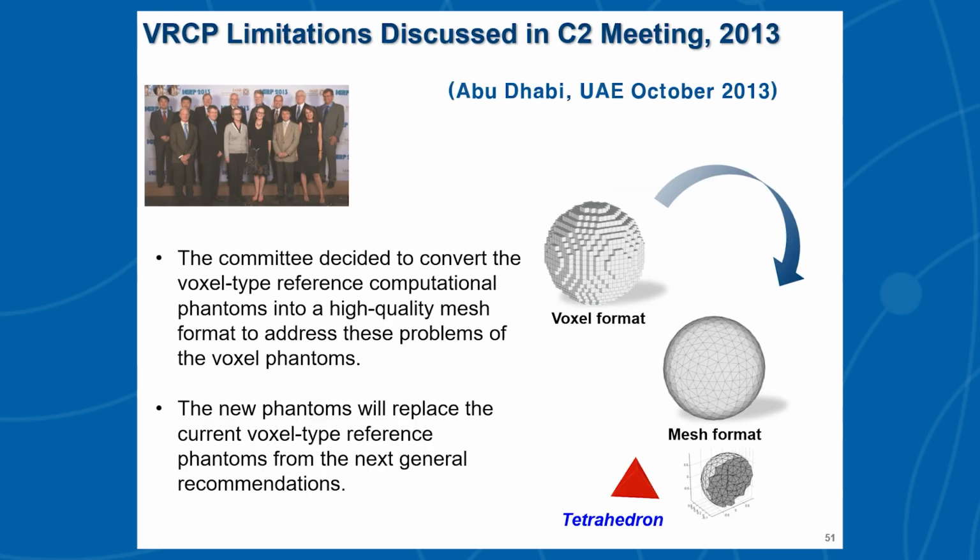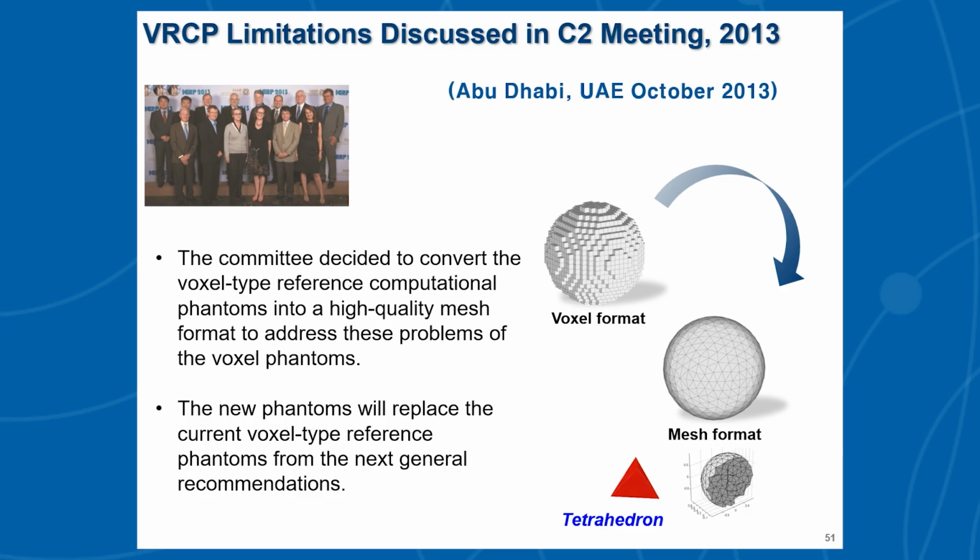So acknowledging the limitations of the current voxel-type reference phantoms, and also the cutting-edge phantom technology with the tetrahedral mesh, in 2013 the Committee 2 meeting decided to convert the voxel-type reference phantoms into a high quality mesh format. These new mesh-type reference phantoms will replace the current voxel phantoms from the next ICRP general recommendations.